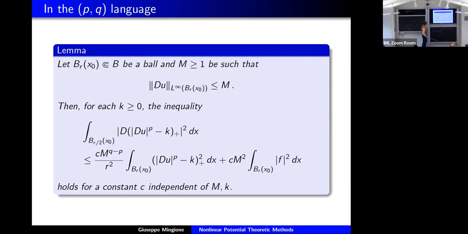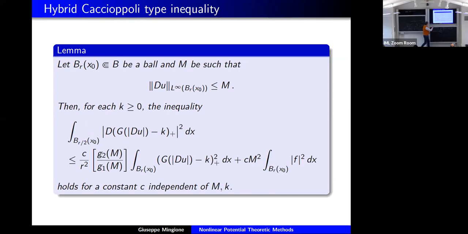But now we apply, in the p-q setting, this. What is this? In the general setting, G of t is nothing but this, the function I showed you before. In fact, for those problems, this is a subsolution. This is the Bernstein method in the non-uniformly elliptic setting. In the p case, this transforms into this.